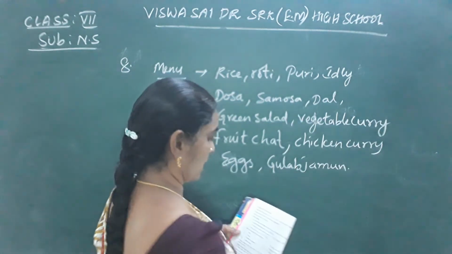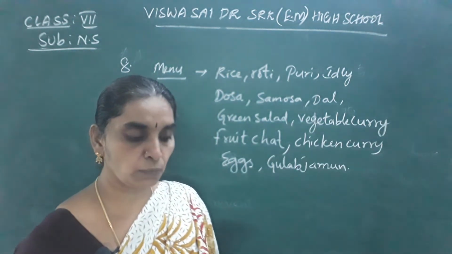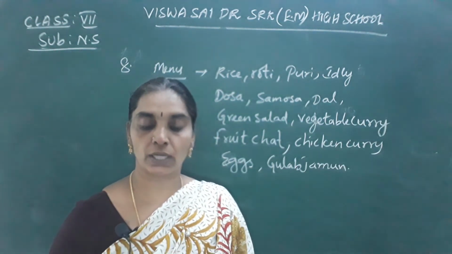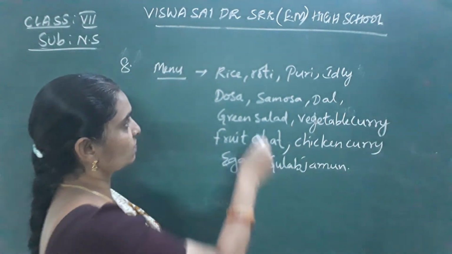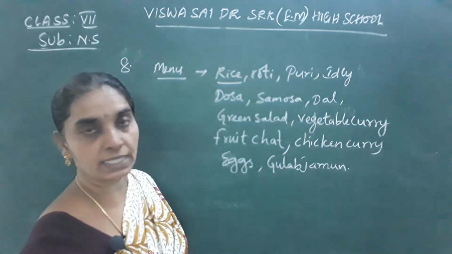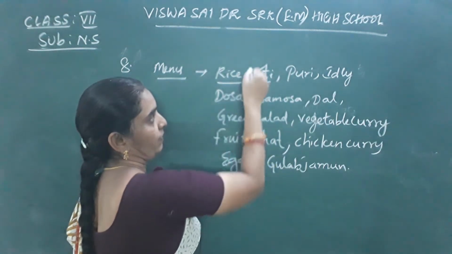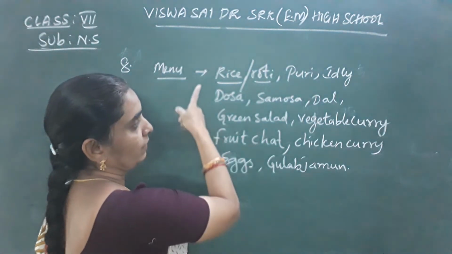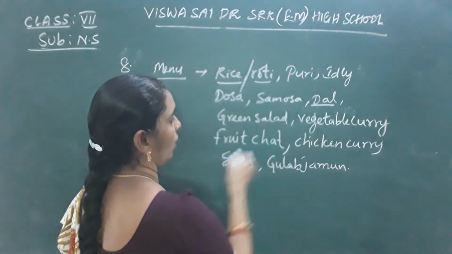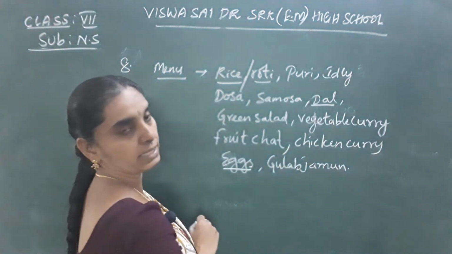Here they have asked, what food items would come onto your plate to make your diet a balanced one? To make a balanced diet, you include a carbohydrate, that is rice or roti. Next, you add dal or eggs, any one item.